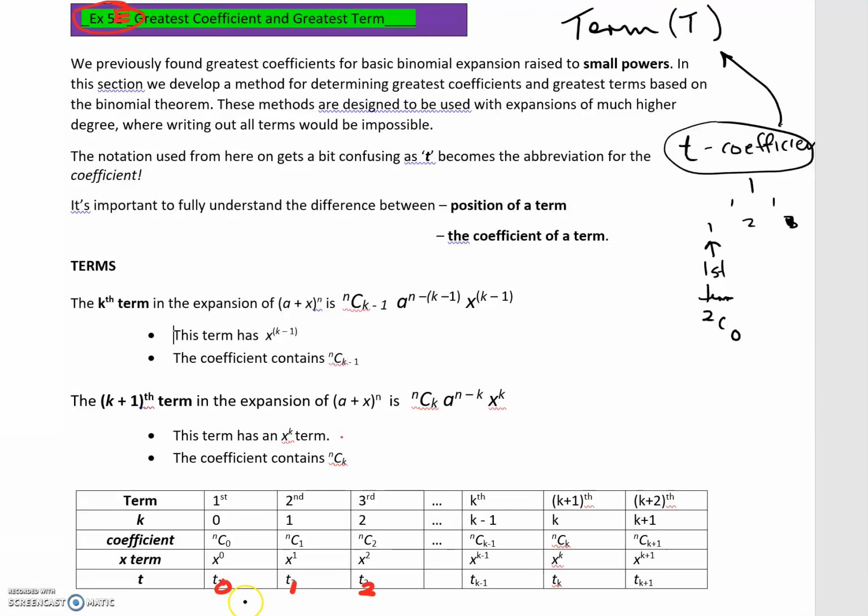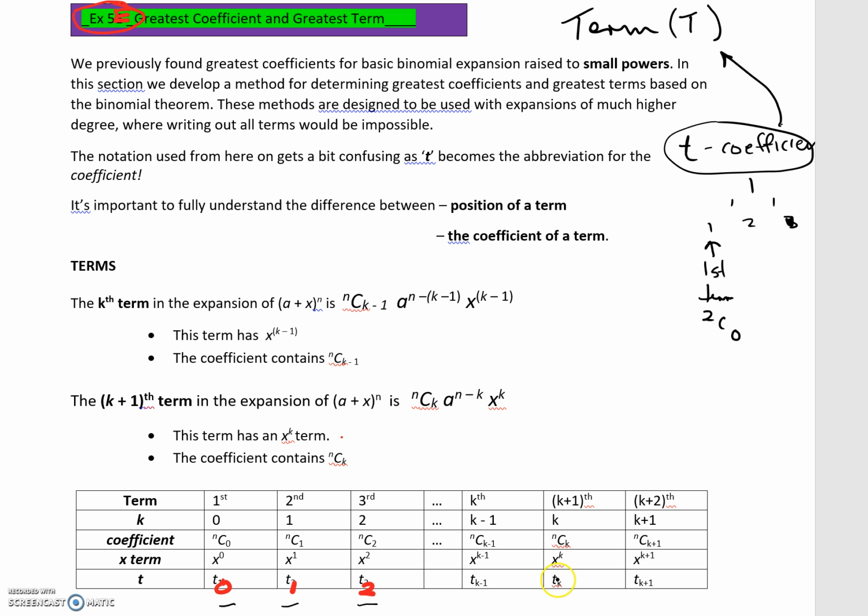And that's where this correction down here becomes so important. You have to make this correction because this lowercase t is actually referring to the coefficient. Now, let's move over here to the general one.